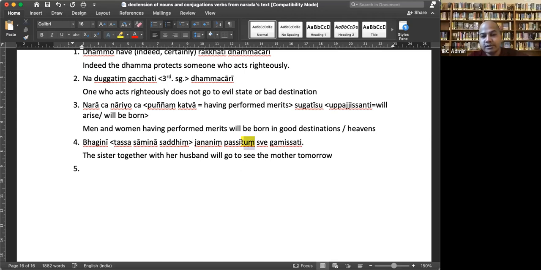Identify this word pasitum: this is the infinitive mode of action. Jananim is the object of the verb, in the accusative case: will go to see the mother. Tassa samina saddhim is a separate clause, together with her husband.